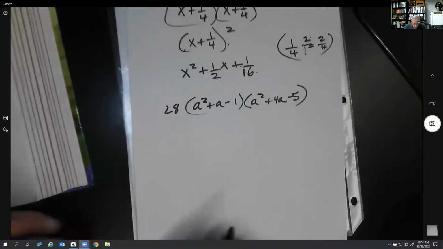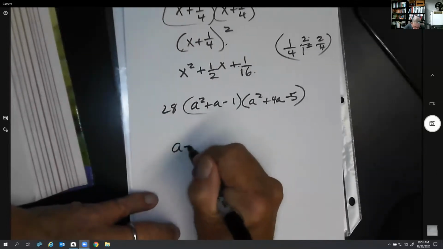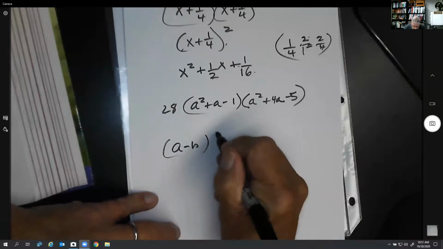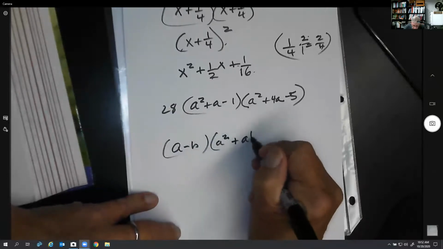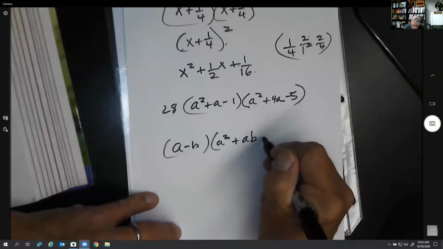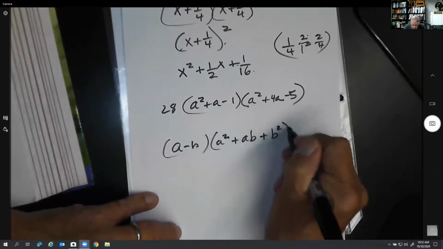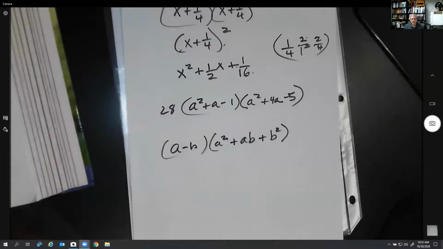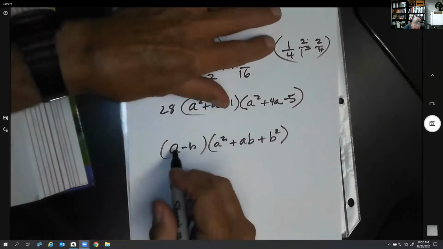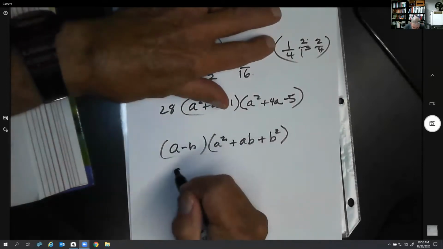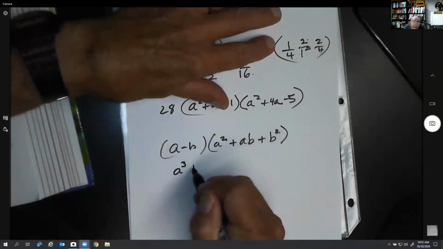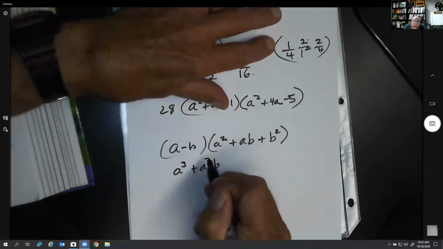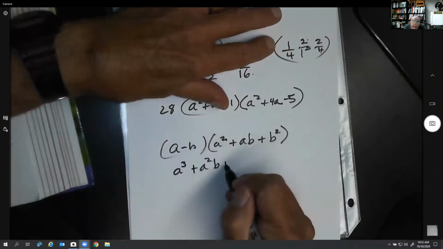Here's an interesting one. What do you think the answer to this would be? Well, let's find out. We're going to multiply everything by a cubed, and the a's are going to get bigger: a squared b, and then finally ab squared.